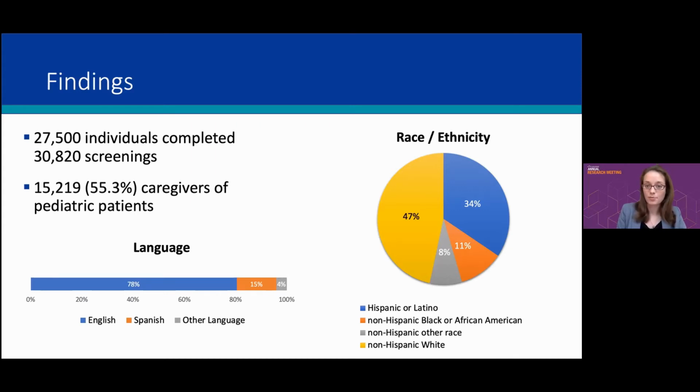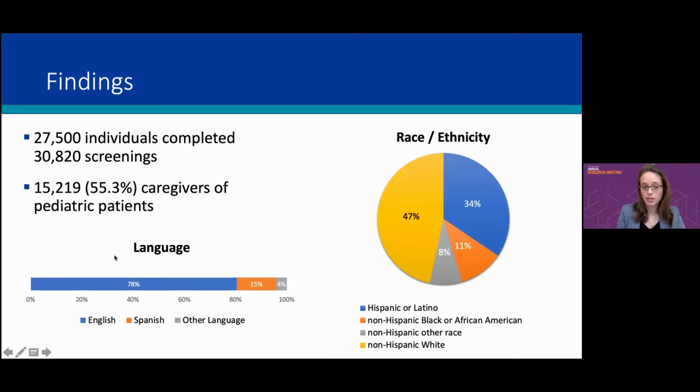And some individuals may have been screened more than once if their 12 months were within that 13-month period, or for some pediatric patients, they are screened more than once during a year if they have more than one well-child visit. And this was a mixed adult and pediatric population, with about 55% of our respondents who were caregivers of pediatric patients.